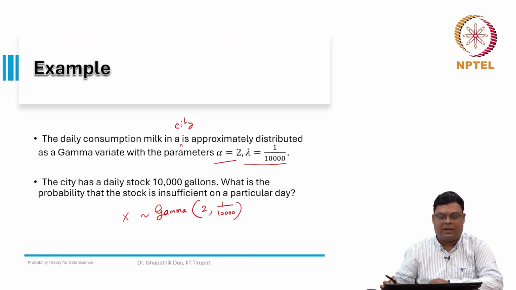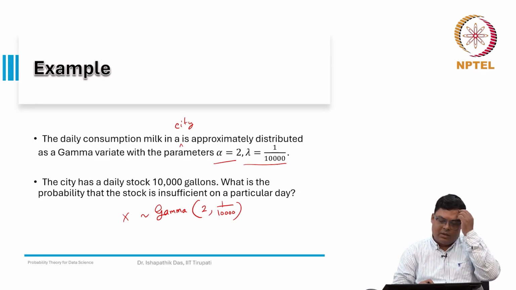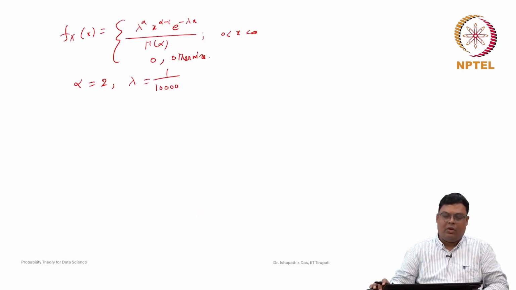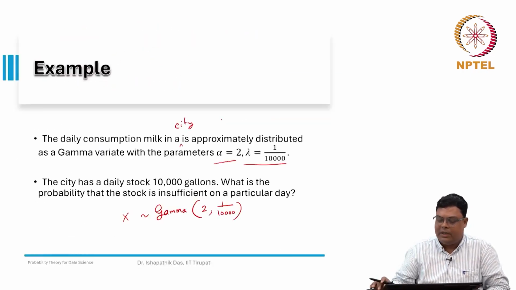Now, it is asked that the city has a daily stock of 10,000 gallons. What is the probability that the stock is insufficient on a particular day? So, when will the stock be insufficient? Because the city has a daily stock of 10,000, and X is the variable consumption.